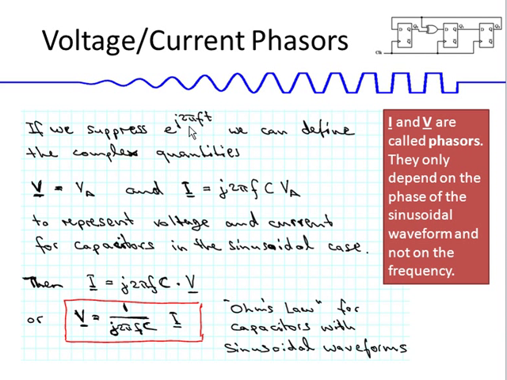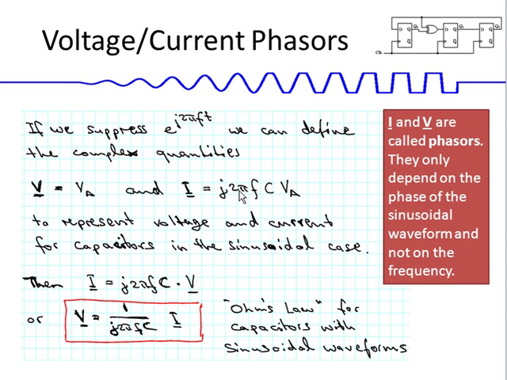So we suppress the e to the j2 pi ft, and we define two complex quantities: V with the underbar, which we say is equal to VA. That was the part that was in front of e to the j2 pi ft for the voltage across the capacitor. And I, the current with the underbar, which is equal to j times 2 pi fC times VA, and j again is of course the square root of -1.